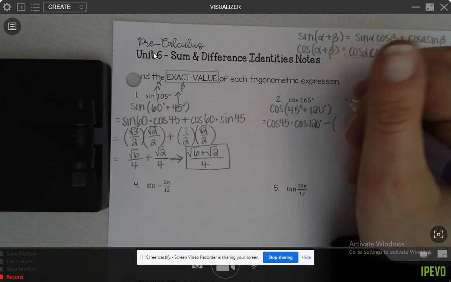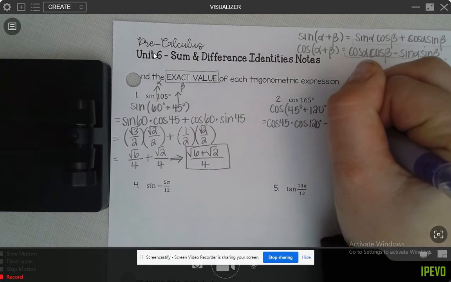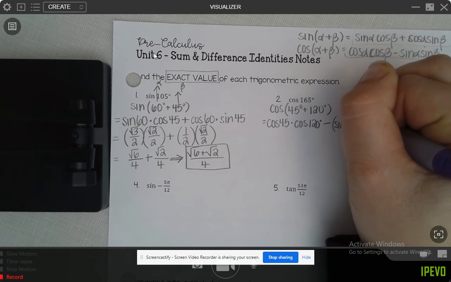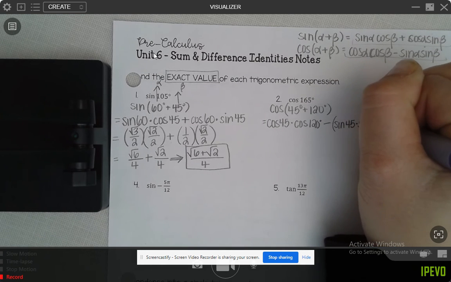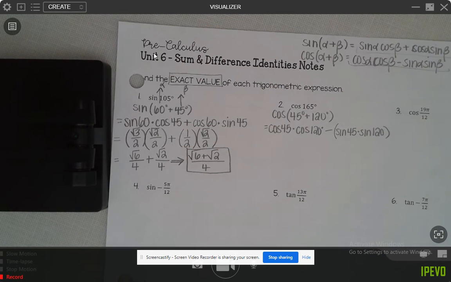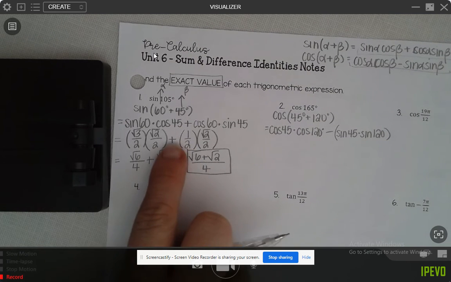Sine of alpha, so that's a sine of 45, times the sine of beta, which is the sine of 120. Everybody okay with me there plugging it into my formula? Yes? Now we have to get the exact value. So now we're on this step right here.